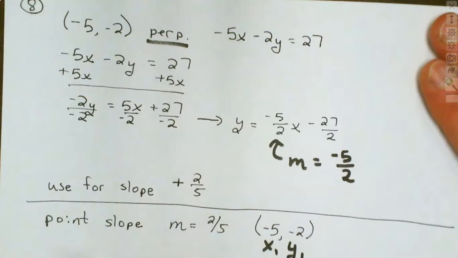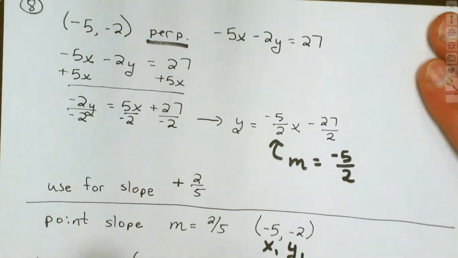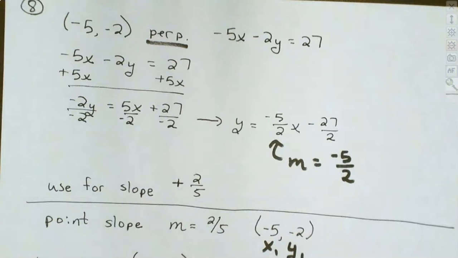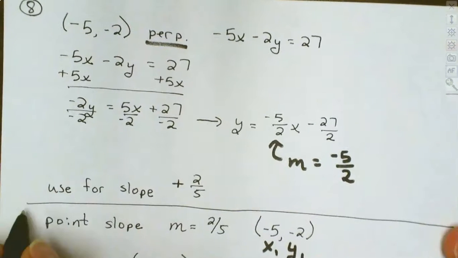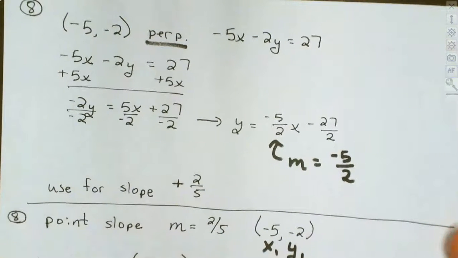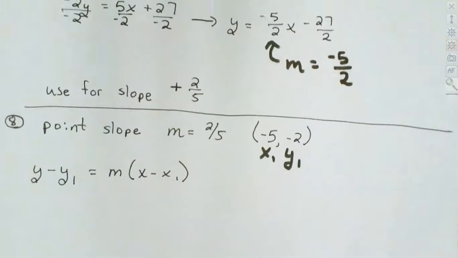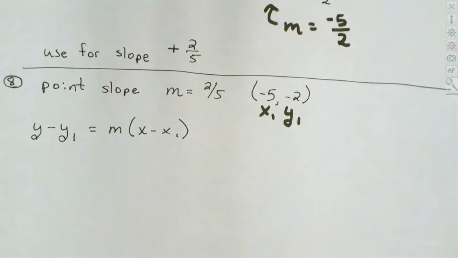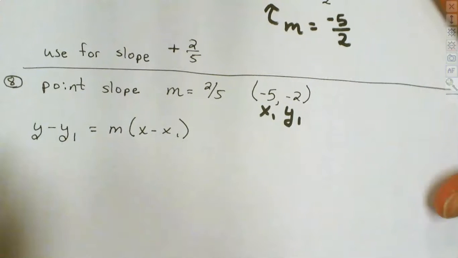And our point slope formula is y minus y1 equals m times x minus x1. And again, we're still in question 8 here. So we haven't finished up 8 yet. But here's our formula. We've got everything that we need. We've got our point. We've got that perpendicular slope, negative reciprocal or opposite reciprocal. Plug in our values. Watch out for those double negatives though.